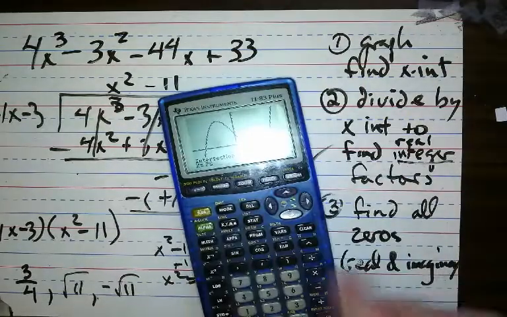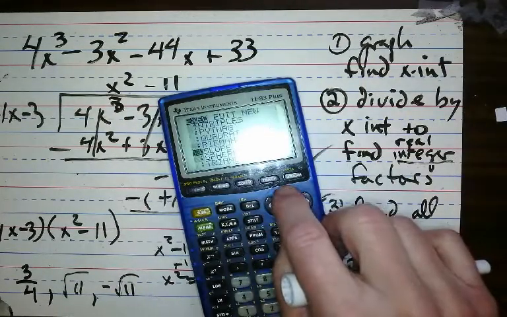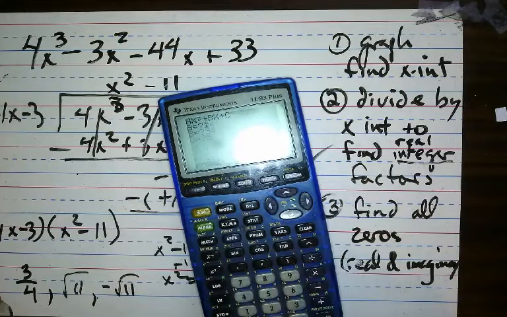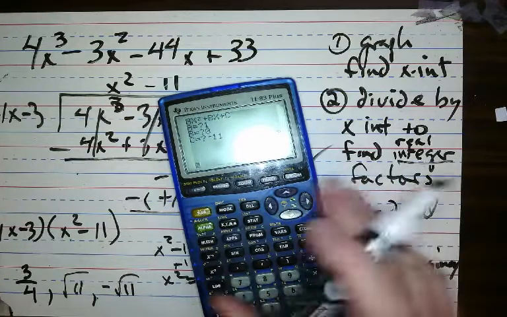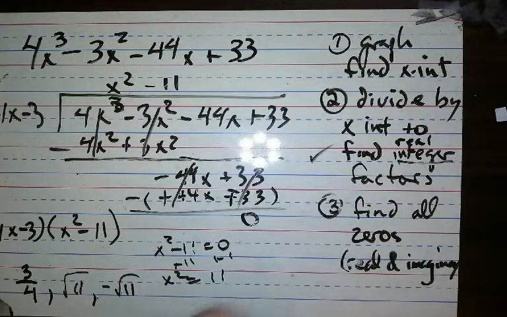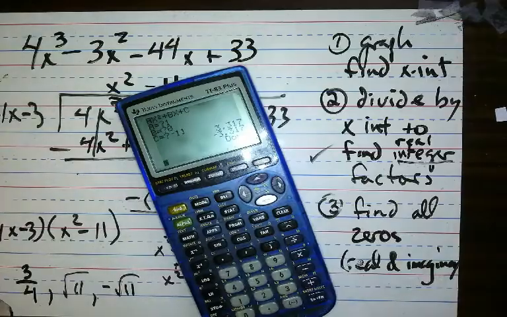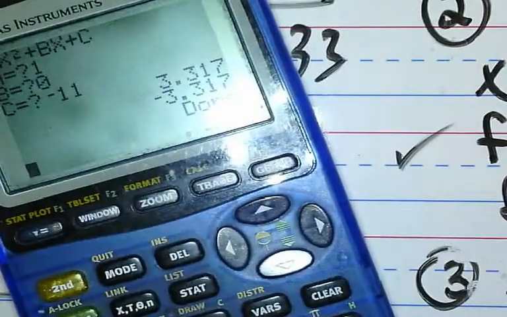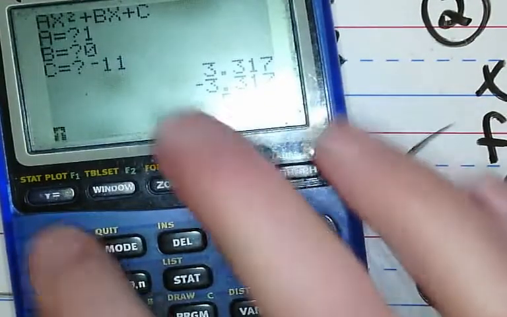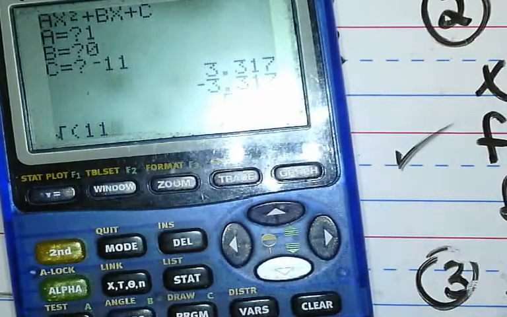Now if you use your quadratic formula on your calculator, you'd put in 1 and then 0 and then negative 11 and it would tell you 3.317, which is just the square root of 11, right? Here, let's zoom in so you can see. 3.317, let me just show you that's the square root of 11.